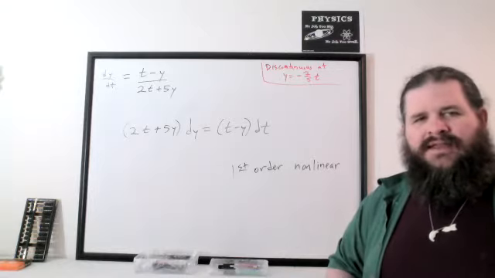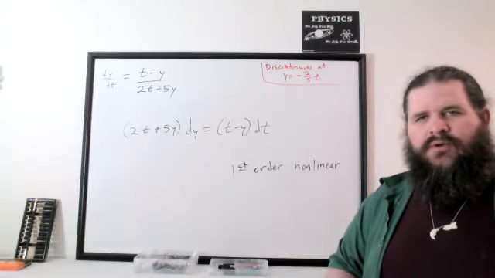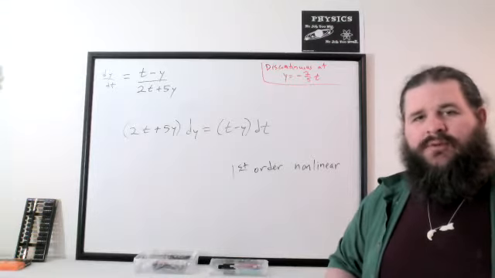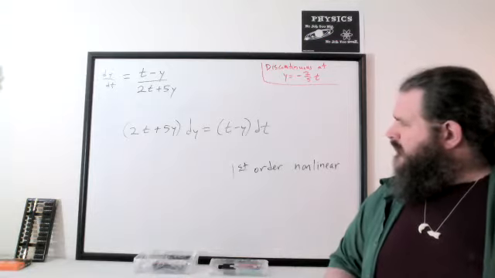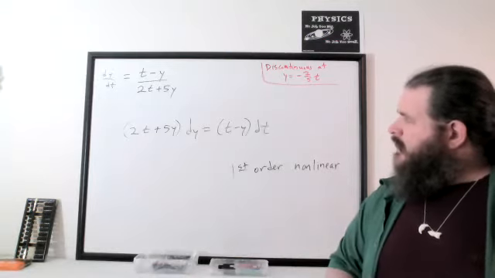There is one more technique in chapter 2 that works for some very specific first order equations called exact equations, but I don't think this one fits that format anyway.